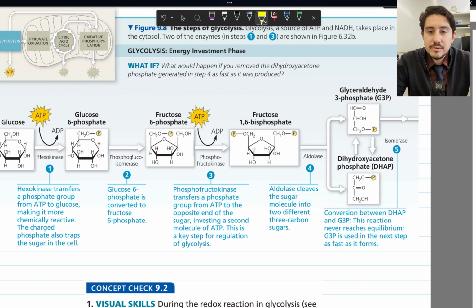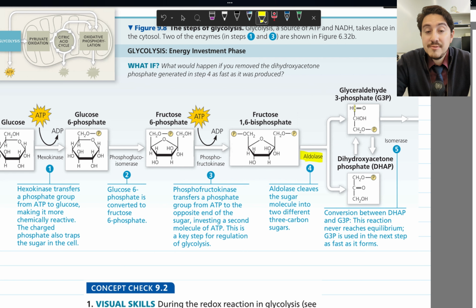So this aldolase, maybe this one you need to know. Even AP students, I do recommend knowing this particular enzyme, which will cleave the molecule in half, into 2 3-carbon compounds.